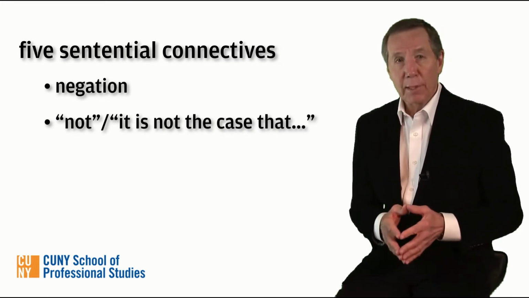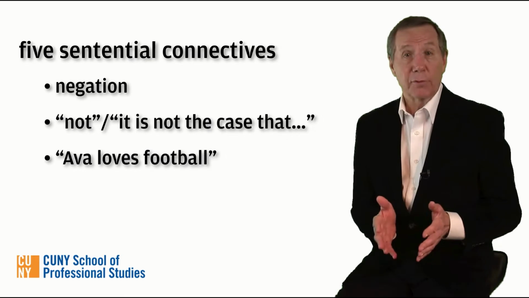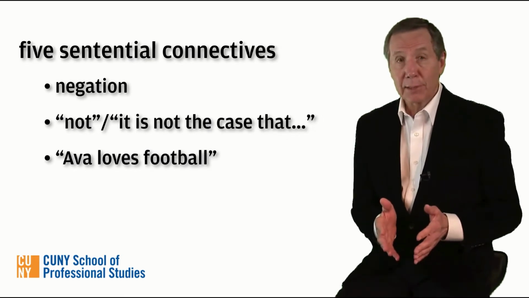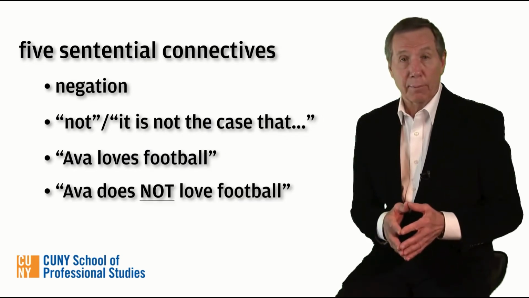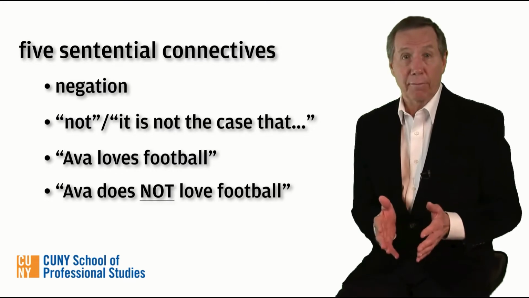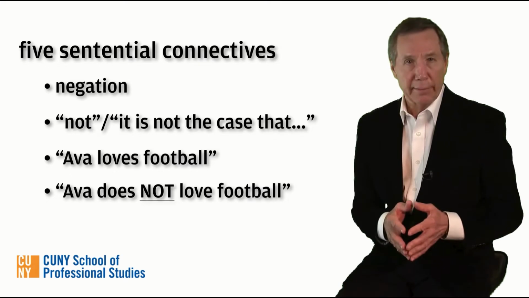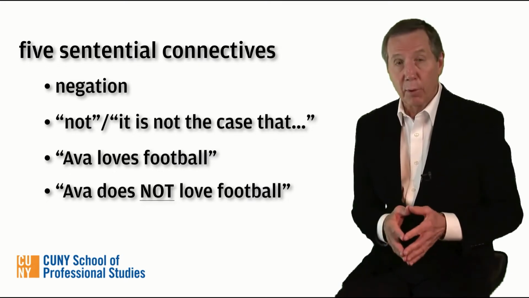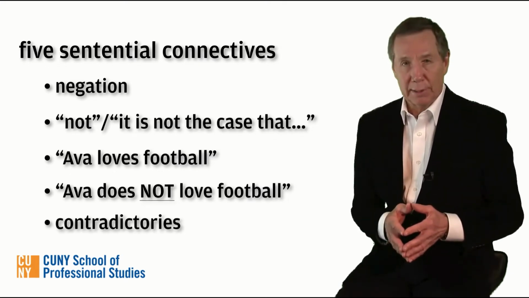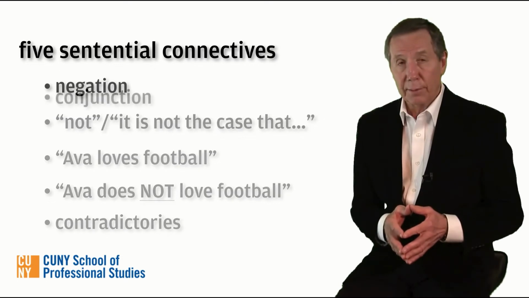For example, we could take the atomic sentence, "Ava loves football," and simply deny it by saying, "It's not the case that Ava loves football," or "Ava does not love football." We can also view the two opposing claims, that Ava loves football and that she does not love football, as contradictories, since they have opposite truth values.